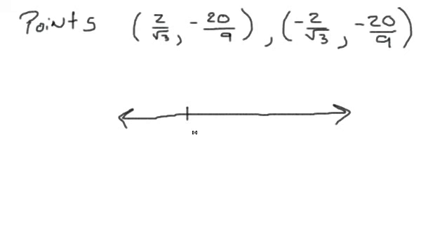So we'll put negative 2 over the square root of 3 here, and how about 2 over the square root of 3 here. Then we want to mark where our test points we're going to use. We're going to always use 0 if we can. And then the question is, how far over do I need to go?